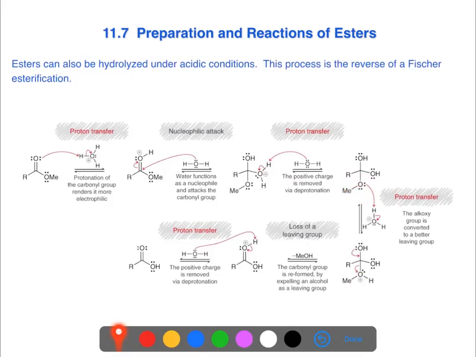This now is set up to be a good leaving group. And so we have reformation of the carbonyl pi bond, and we lose a molecule of methanol. That gives us our protonated carboxylic acid and a final proton transfer, again, water being the base, picking up a proton from the protonated carboxylic acid to give us our neutral carboxylic acid.